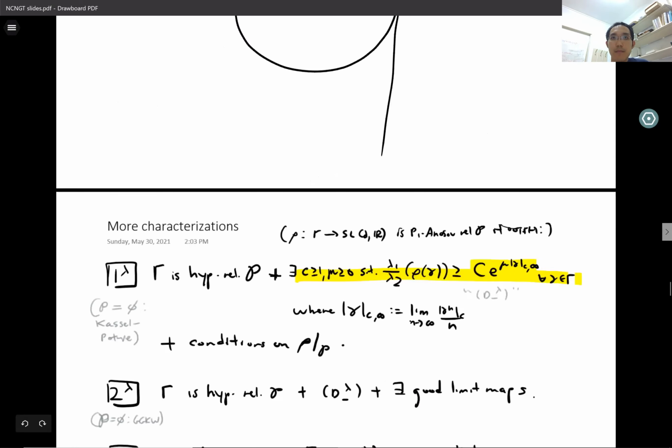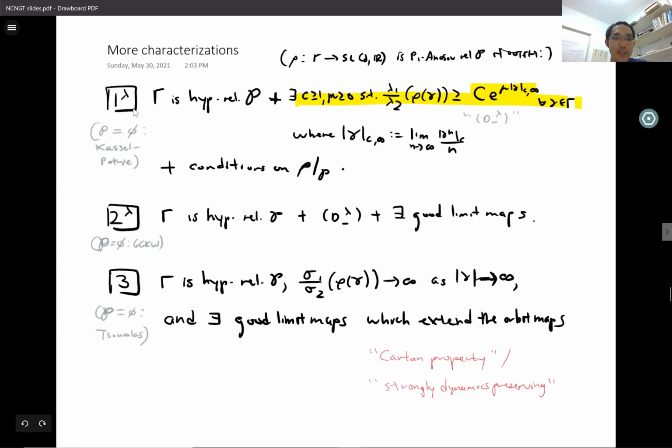Okay, so there are also two other characterizations, 1 lambda and 2 lambda, which are similar to 1 and 2, except we replace the D minus condition on singular value gaps with an analogous condition on the ratios of eigenvalues, which I'm going to call D minus lambda. This says that the ratio of the moduli of the two largest eigenvalues goes to infinity uniformly in some stable conjugacy invariant version of cusp word length.